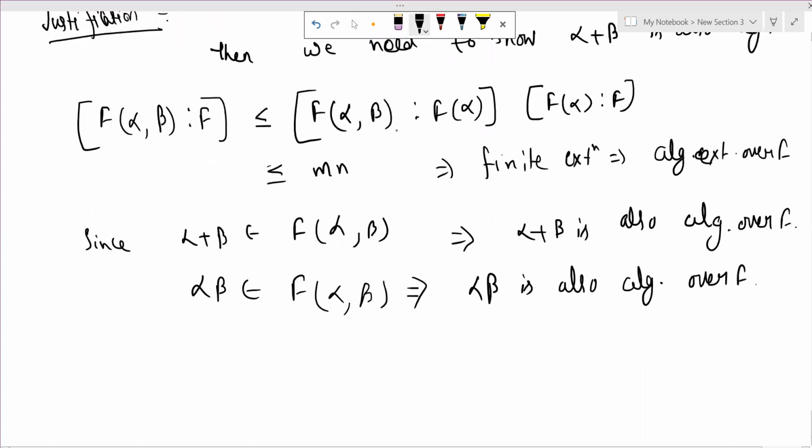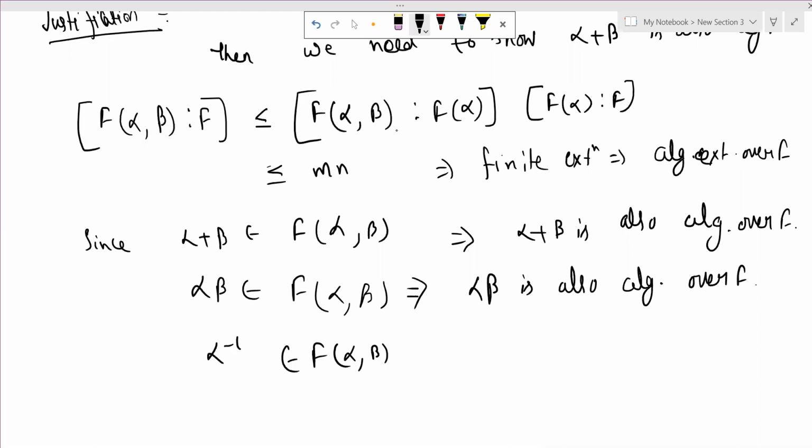Now the other thing: alpha inverse belongs to F(alpha, beta). Is this true or not, Jennifer? Yes, sir. How is this true? Alpha is an algebraic number, so how will you prove alpha inverse is an algebraic number? F(alpha, beta) is a field, and alpha is in that field, and if it is non-zero, then its inverse exists.